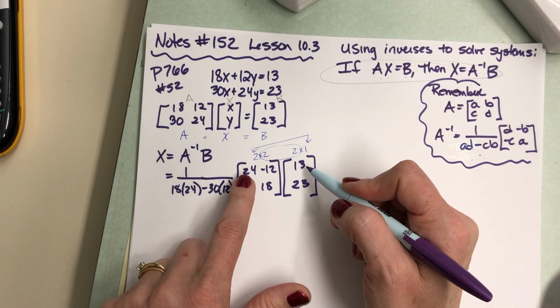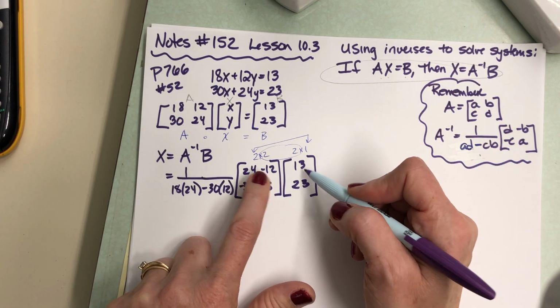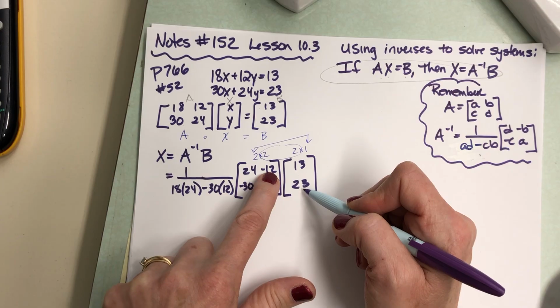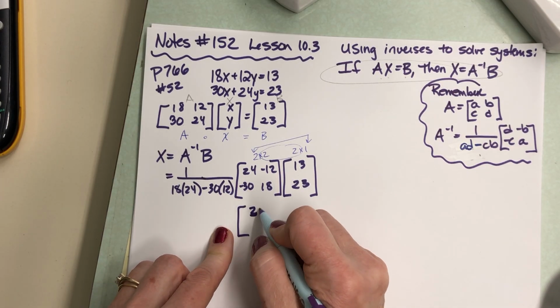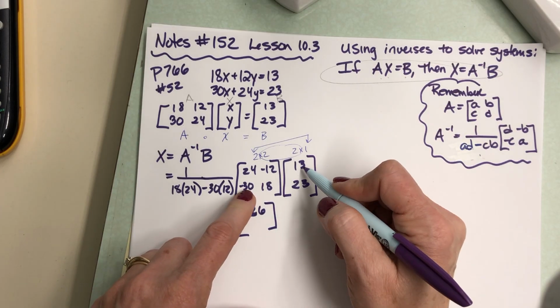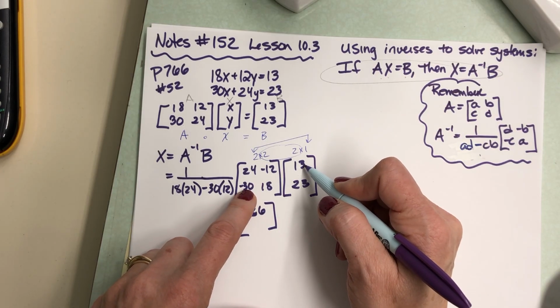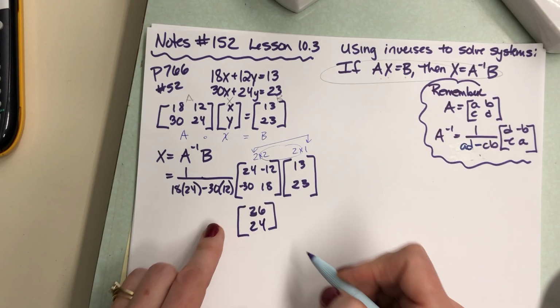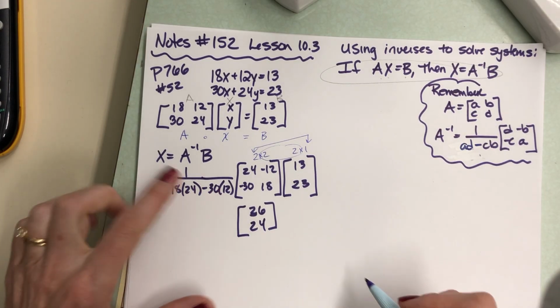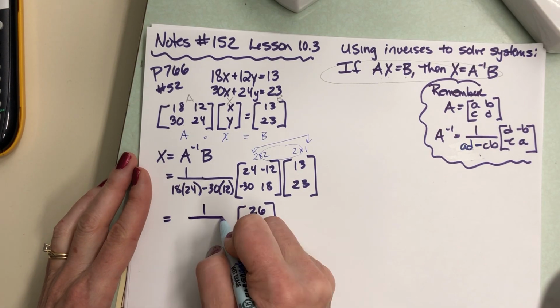So you do 24 times 13 plus negative 12 times 23, and to save everybody some time, that's going to be 36. And then negative 30 times 13 plus 18 times 23, that's going to be 24. Okay, so we've got 36 and 24. And over here I do my calculations, and I have 1 over 72.